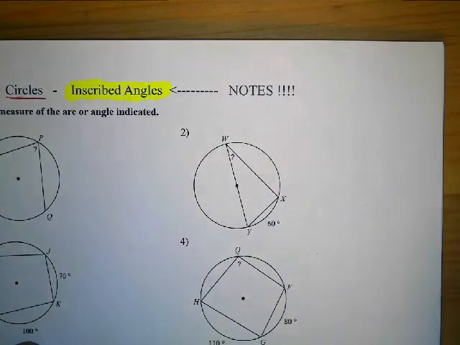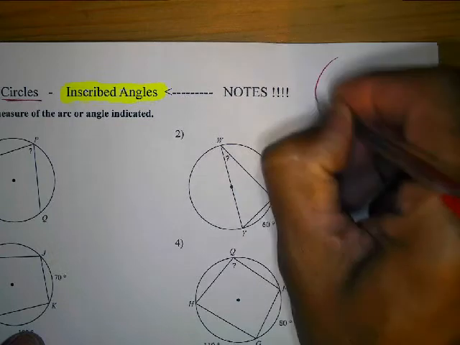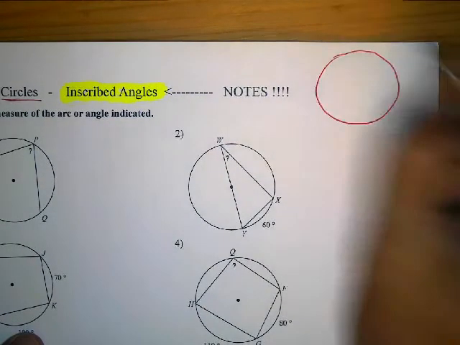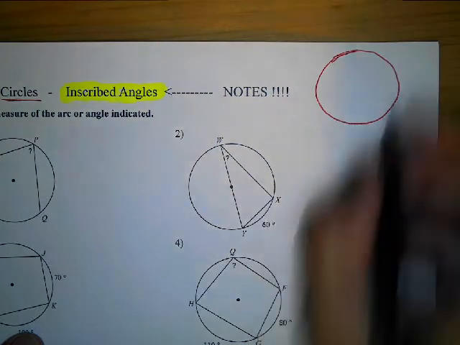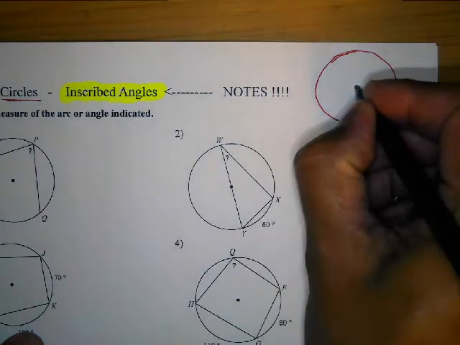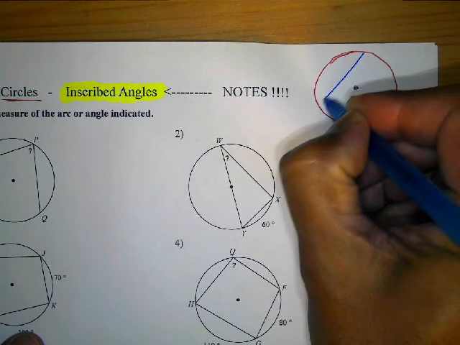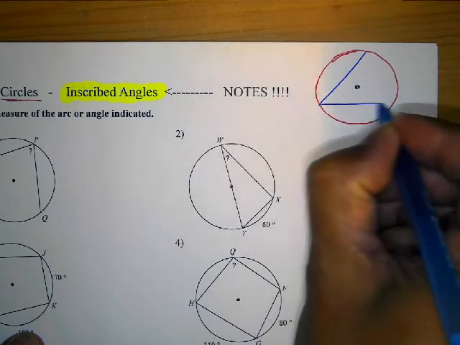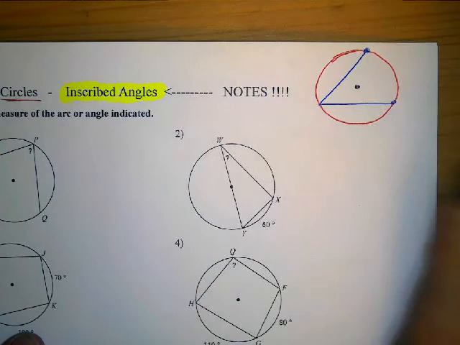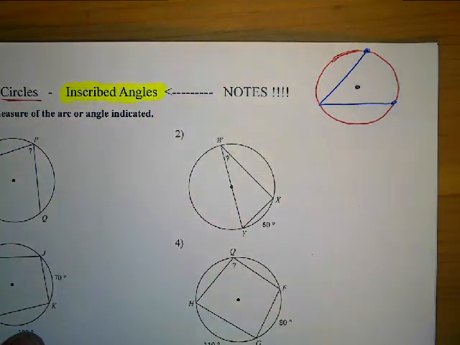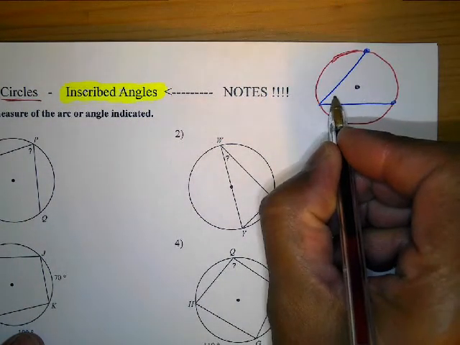And pretty much the rule, or the little formula you want to put, is this. Just draw a little circle for yourself right there, and that's the center, right? And just remember, the angle will be the smaller one.